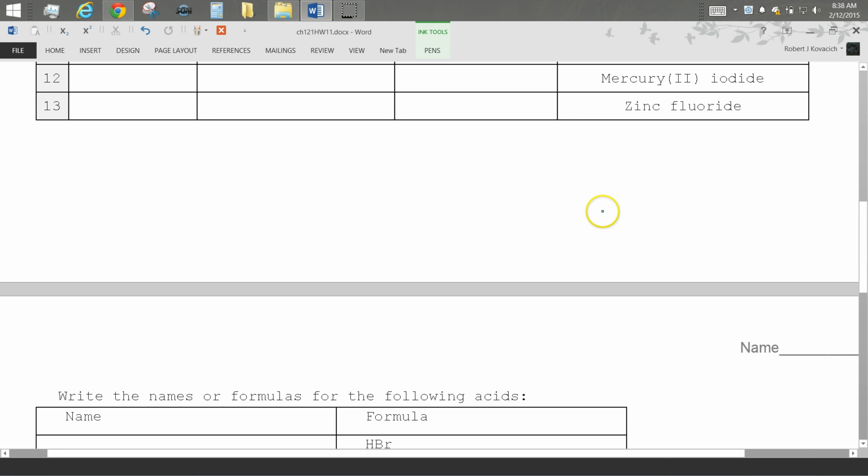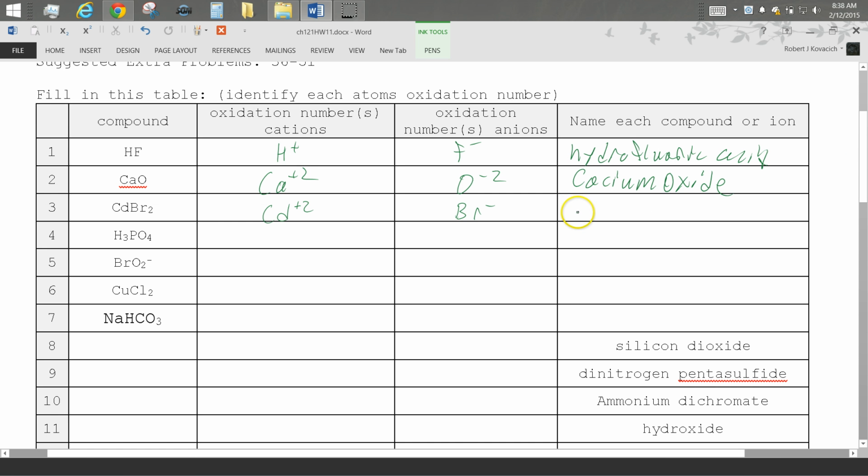And so then this is, dang it. So cadmium bromide. Why not cadmium 2? Only has the +2 charge. Even though it's one of the transition metals, it's one of those 3 transition metals that has a fixed oxidation state. So we don't give it a name with a Roman numeral.